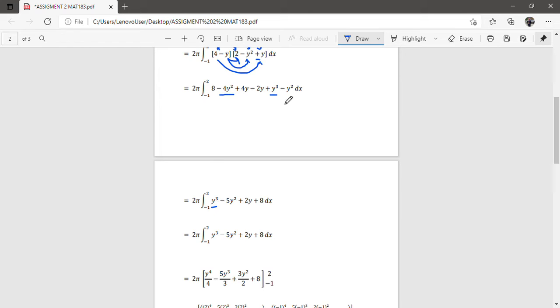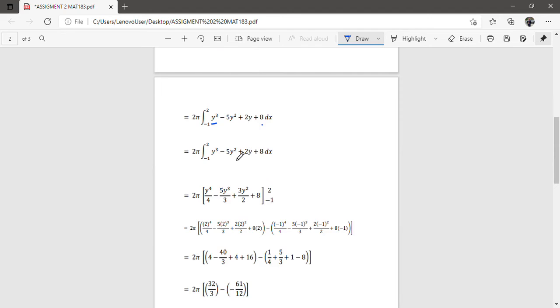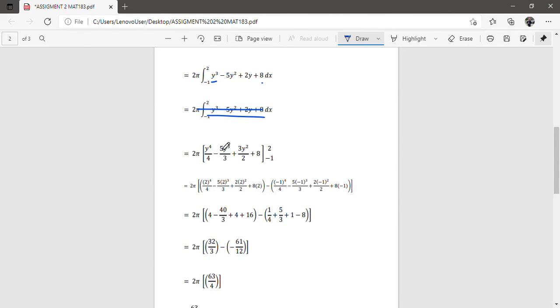minus y to the power of 2, so we get negative 5y to the power of 2 plus 2y, which we get from here, and we get 2y plus 8 here. Okay. And then we integrate it into y to the power of 4 over 4 minus 5y to the power of 3 over 3 plus 3y to the power of 2 over 2 plus 8y.